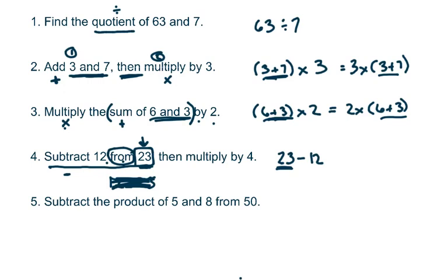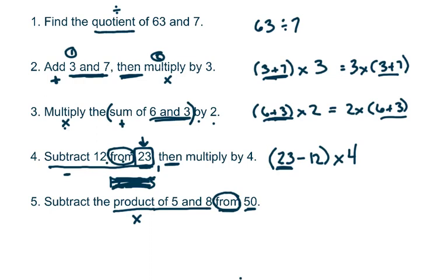Moving on from there, it says subtract 12 from 23, then, meaning that's what we're going to do second, multiply by 4. Again, since it's two-step, I'm going to put my first step in parentheses, and then I'm going to multiply by 4. You'll notice the next example is the same. Subtract the product, meaning the answer to a multiplication problem, of 5 and 8, and then it says from 50.